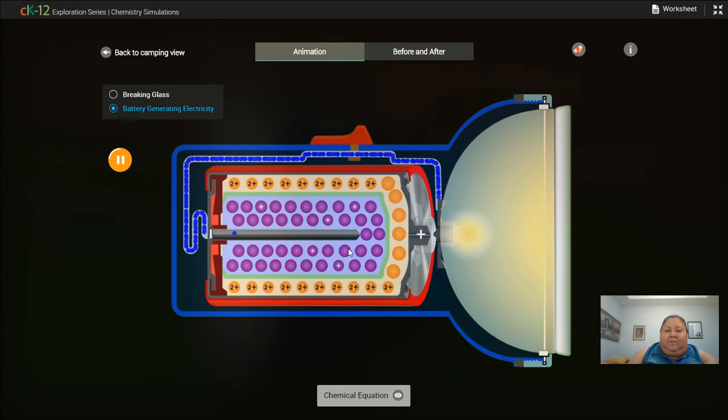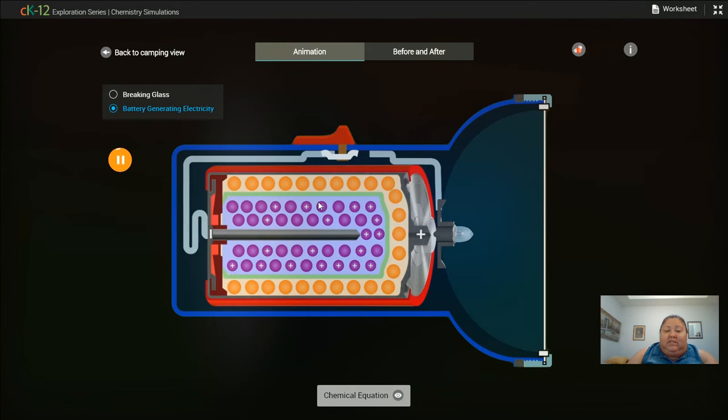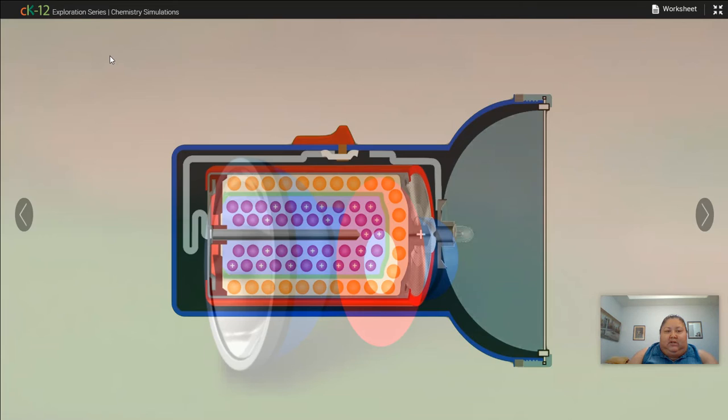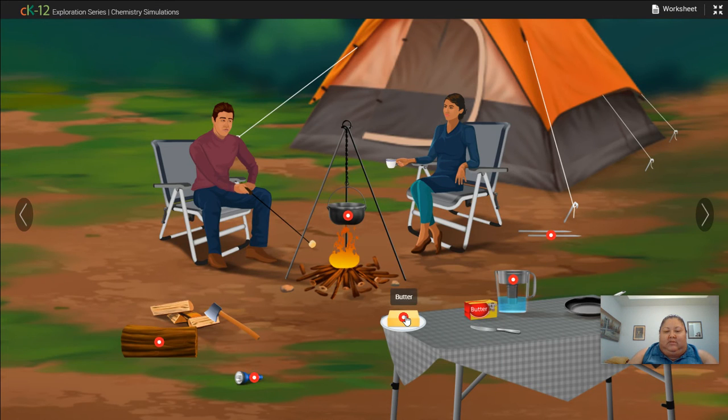You have your purple elements losing electrons while the orange will be gaining those electrons, right? Until finally you have used up all the electrons that are provided in this battery. Okay. And that's chemical property. Definitely, for sure.